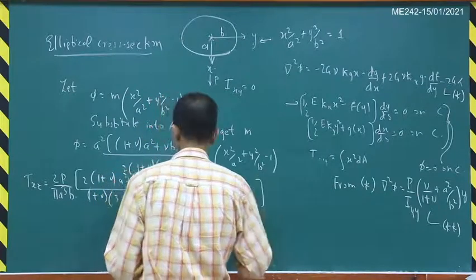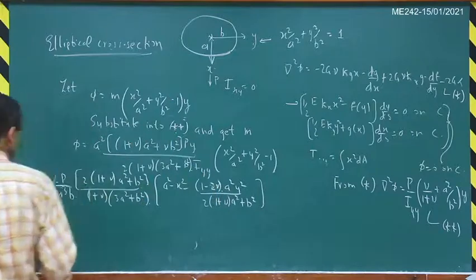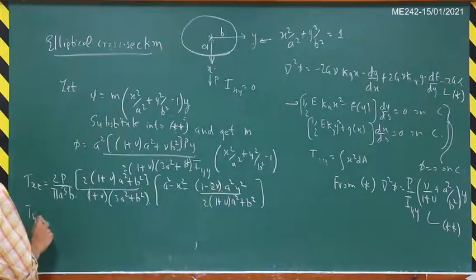So this is the expression for tau xz, and then tau yz also you can get.